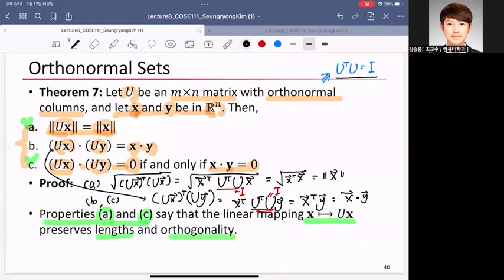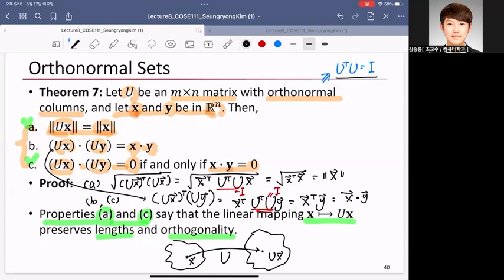Let's go back to our matrix equation, A equals B. If our matrix A is substituted by matrix U, in this case also an orthonormal matrix, let's suppose that X is defined here, and an arbitrary matrix U transforms vector X to UX.